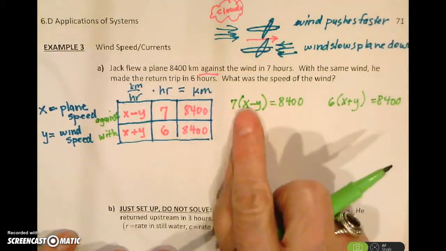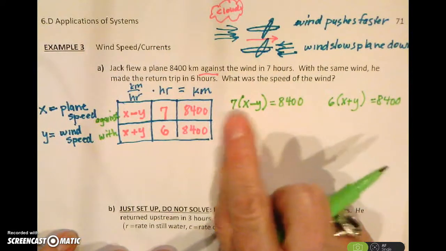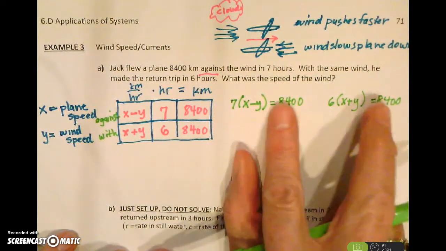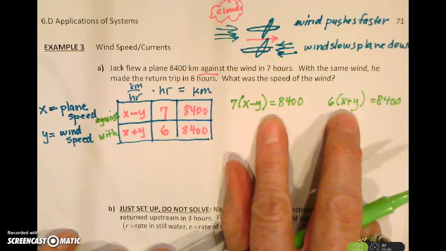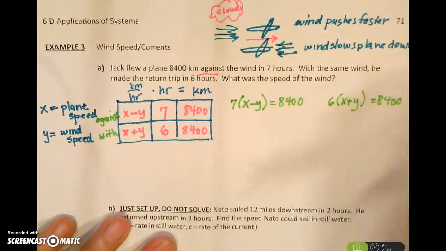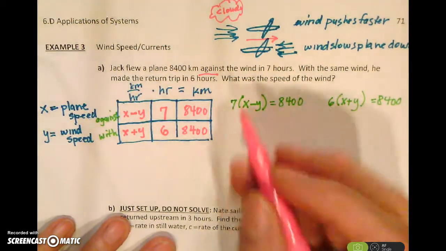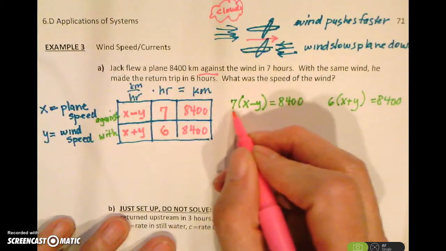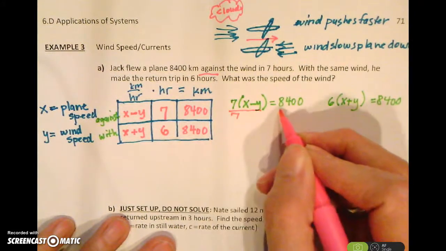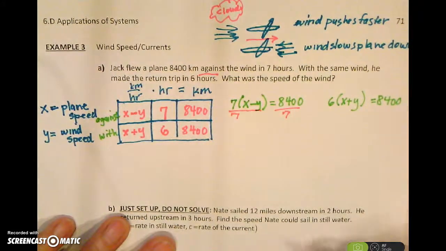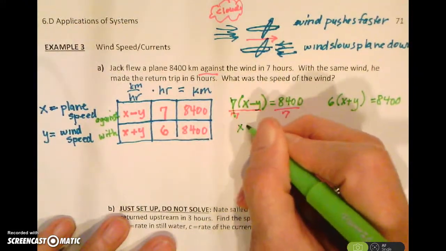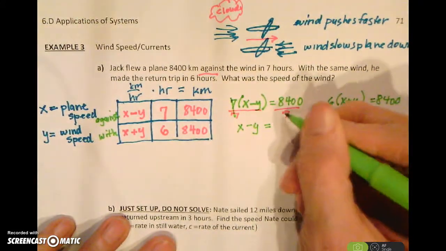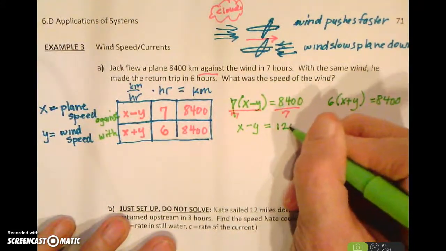Now, normally I would distribute right here, and you still can distribute and work with these two equations as a system, probably using the addition method. But I'm going to show you a nifty little trick. Instead of multiplying, I'm going to divide both sides by that 7, and that will cancel, giving me x minus y is equal to 1,200.